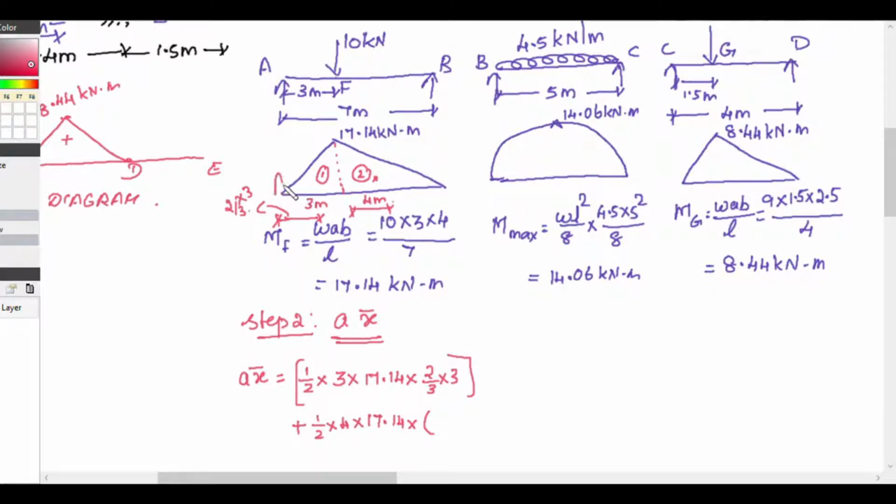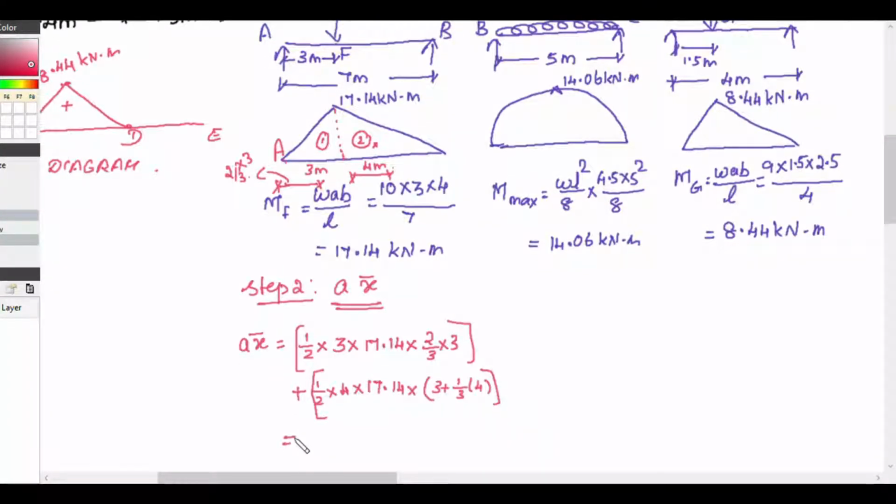So from A it is 3 plus 1 by 3 of 4. So this A into X bar we are calculating from A.